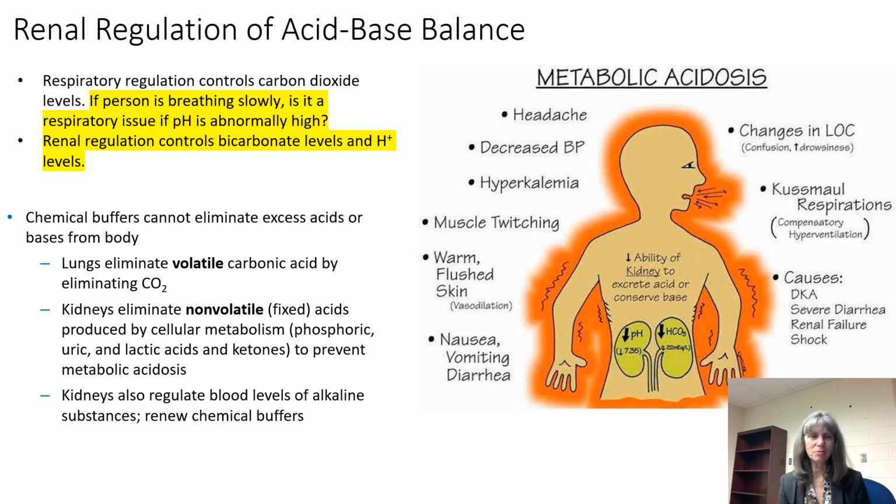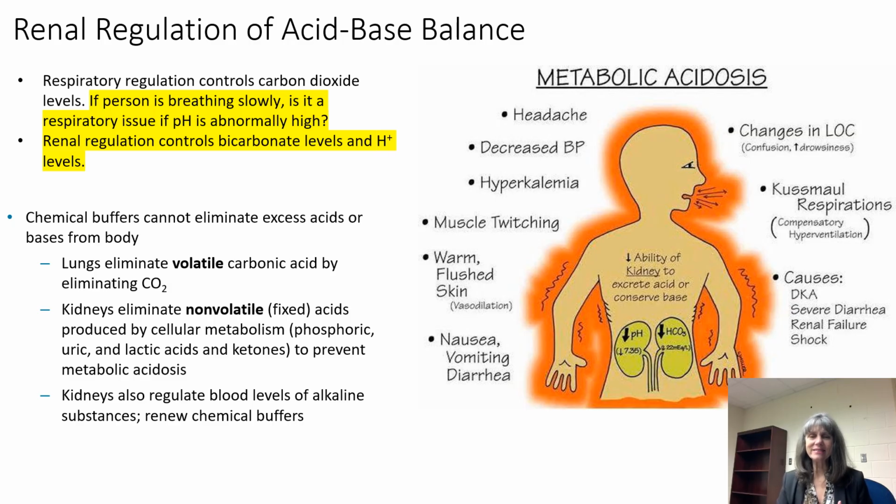Our lungs are responsible for eliminating volatile carbonic acid by eliminating carbon dioxide. Our kidneys eliminate what we call non-volatile or fixed acids produced by cellular metabolism. So phosphoric acid, lactic acid, ketones, those are examples of non-volatile or fixed acids produced by cellular metabolism.